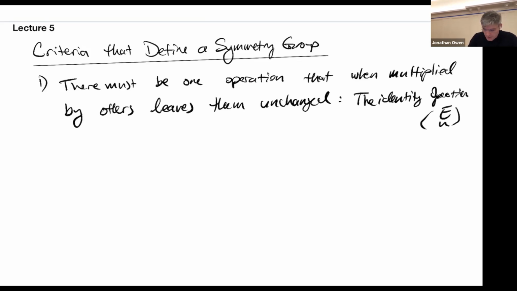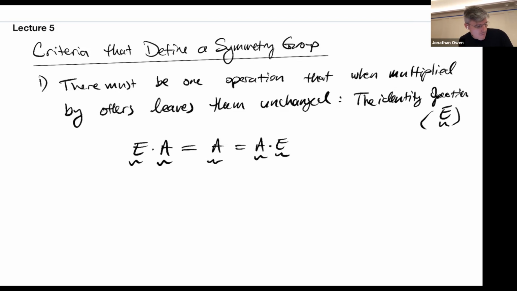Okay, and so this statement is basically saying, if you take the identity operation and you multiply it by some other operation, A, it's going to give back A. And it turns out you can do it the other way around too. Turns out, however, it's not always the case that this changing of the order is true.